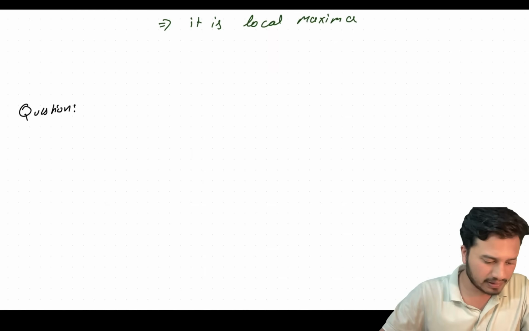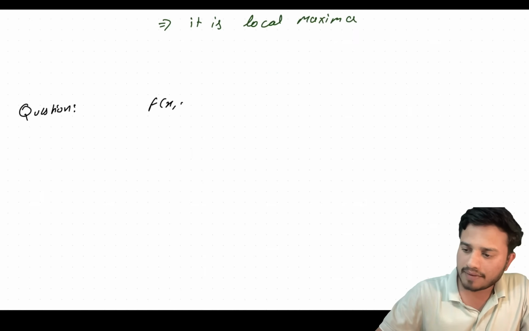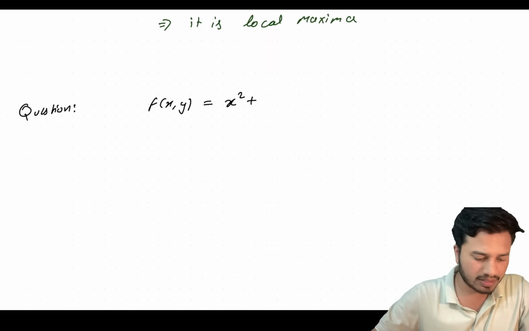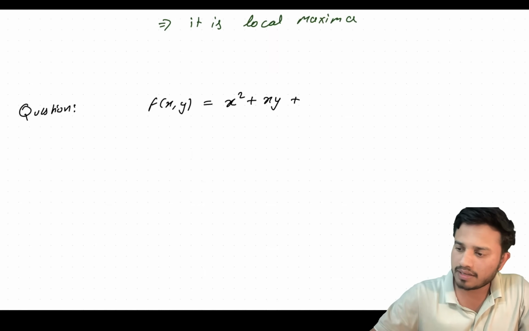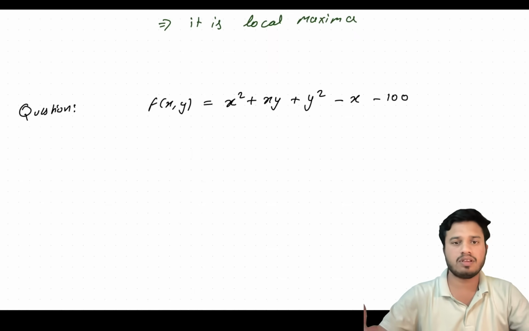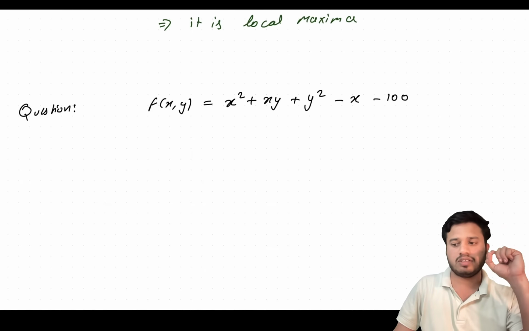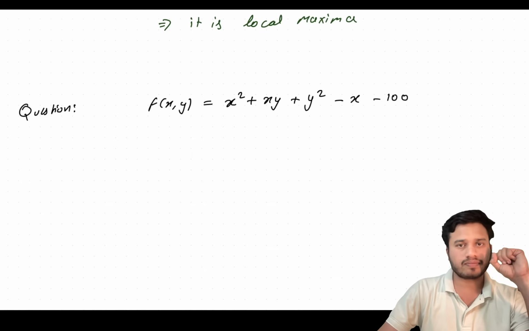Let's see this question. f(x, y) equals x squared plus y squared plus some terms. We are given just this two-variable equation.